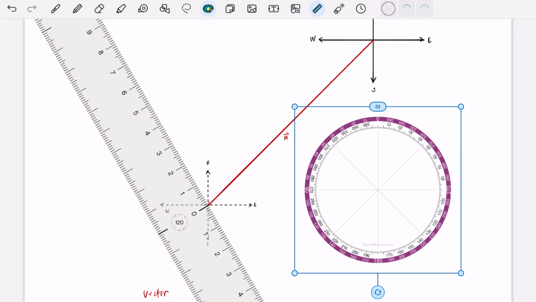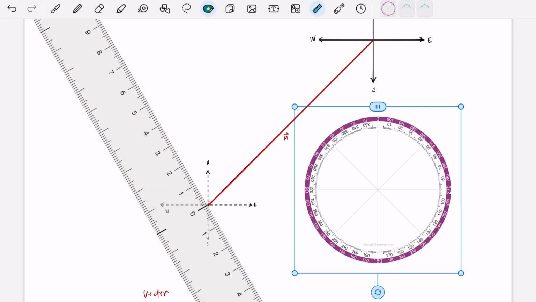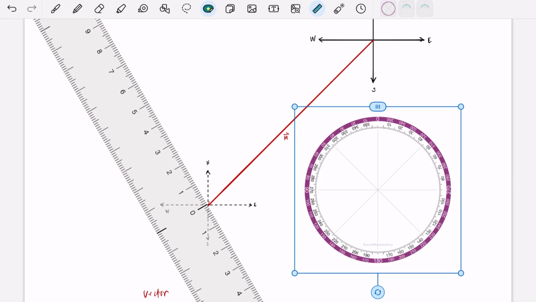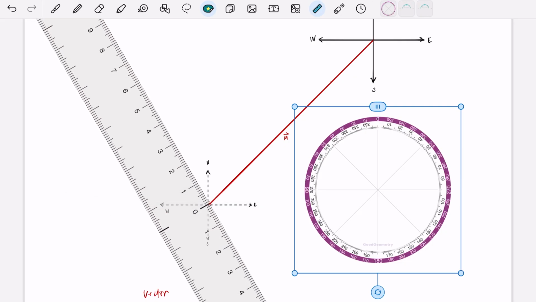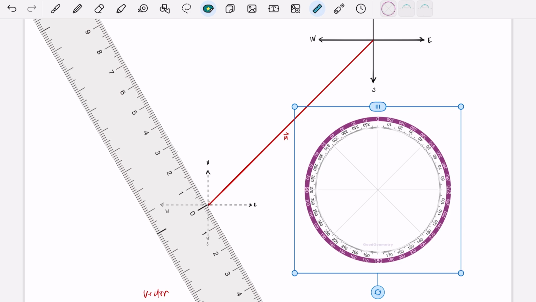Okay, wait, no, it's not really passing through the origin, so let me redo that one and change the direction a little bit. I'm hoping this is how you really do your work, because the geometric approach in adding vectors needs to be very precise.